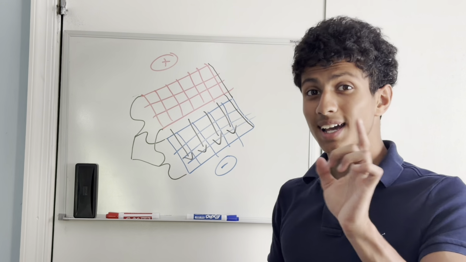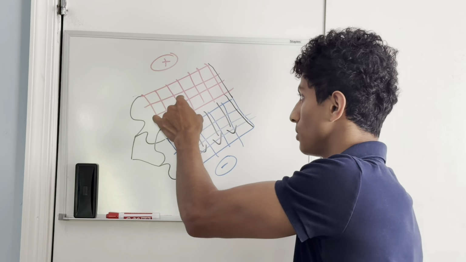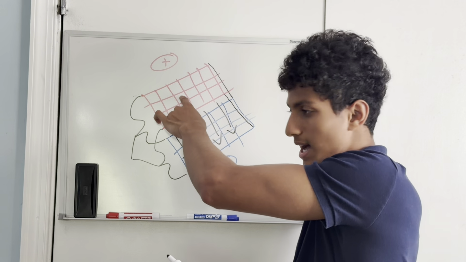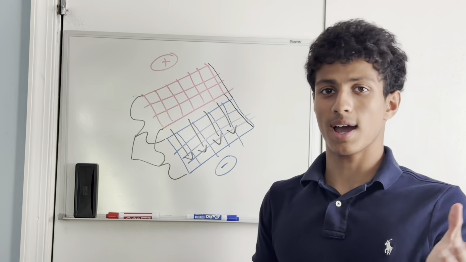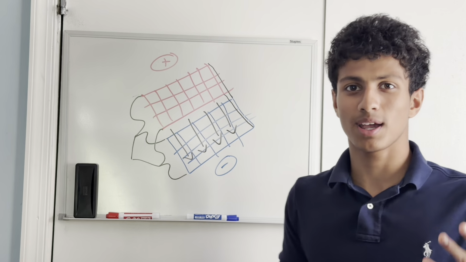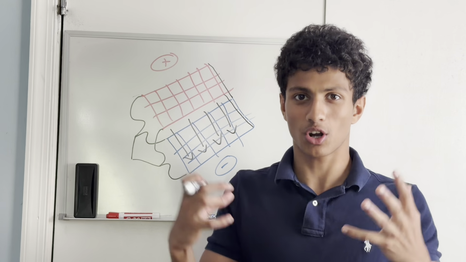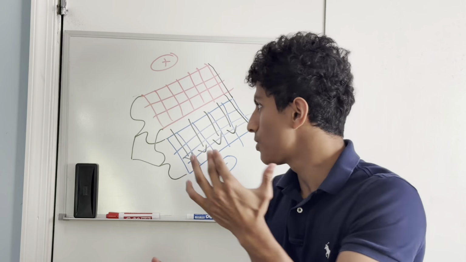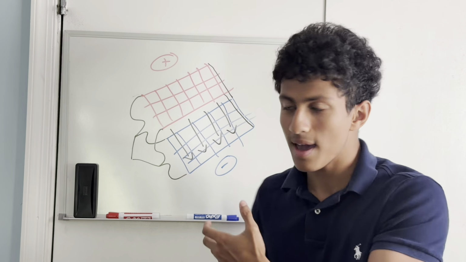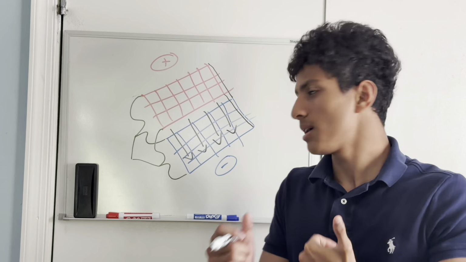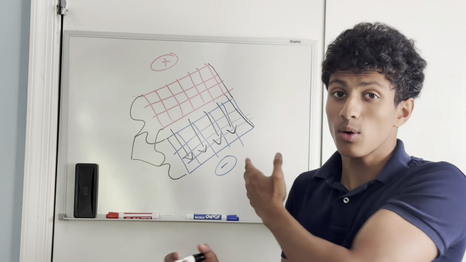However, the second that I make contact with, let's say, the positive side, now I am disturbing the E field. Why? Well, as a human being, I am an electrically charged thing. The second I make contact with this positive plate, I am pulling in electrons, because the electrons want to get away from each other.